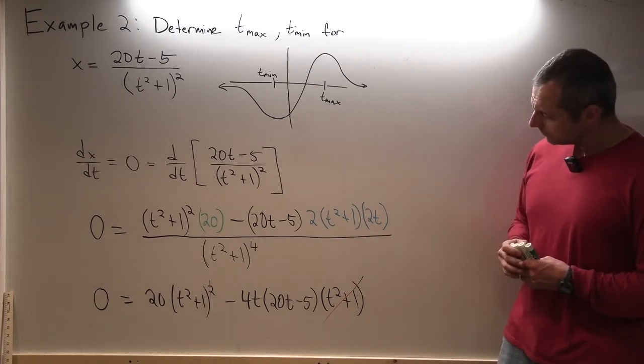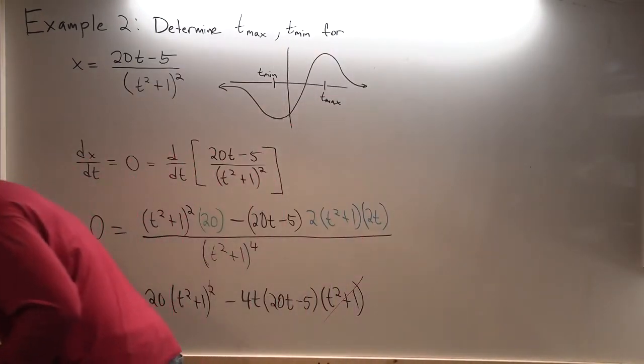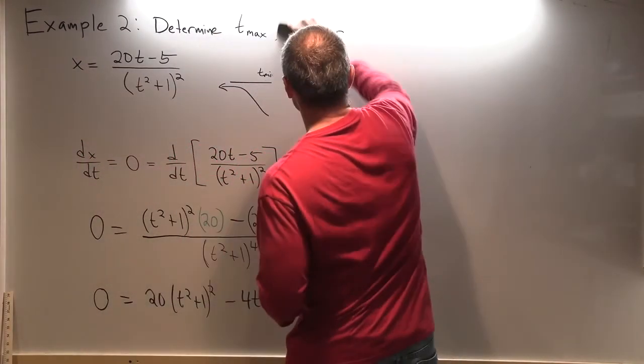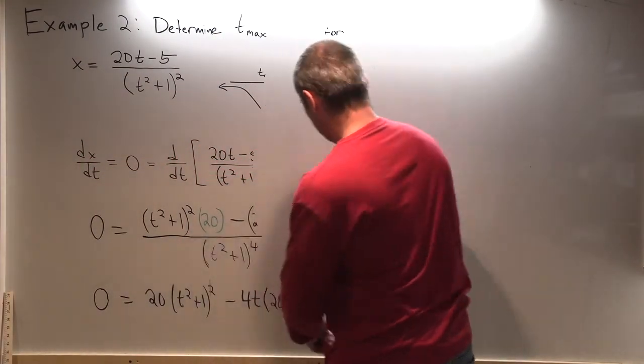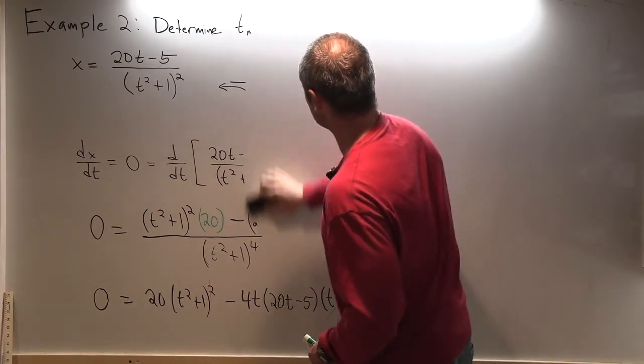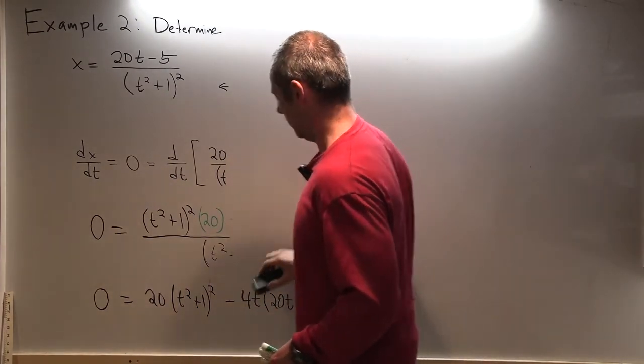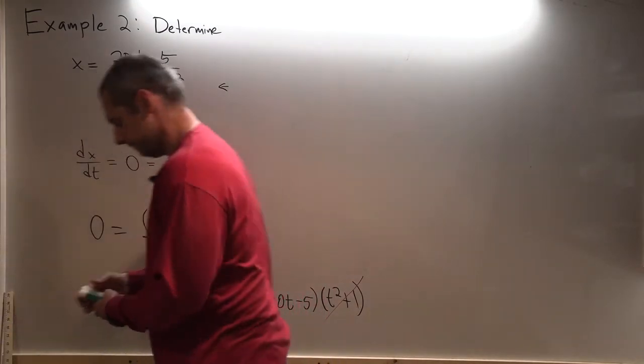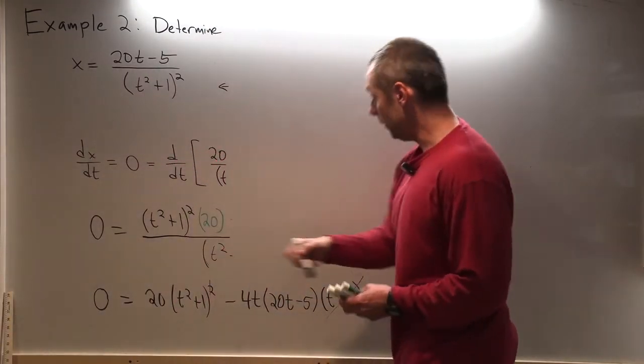Okay, so I'm going to make some room to continue on up here, but I'll save that bottom line. So I have 0 on the left side.